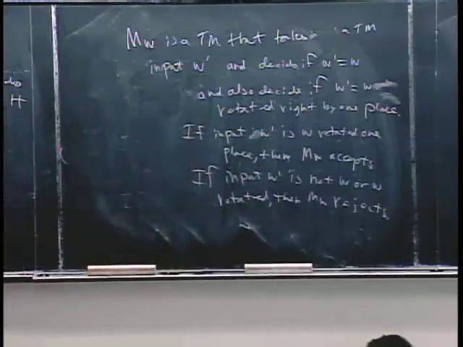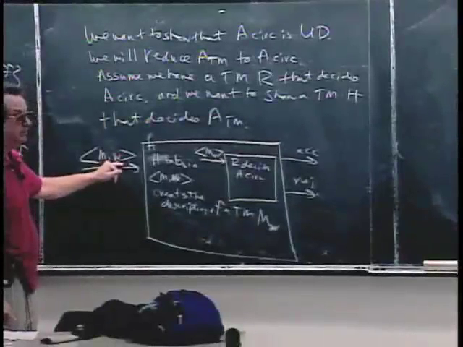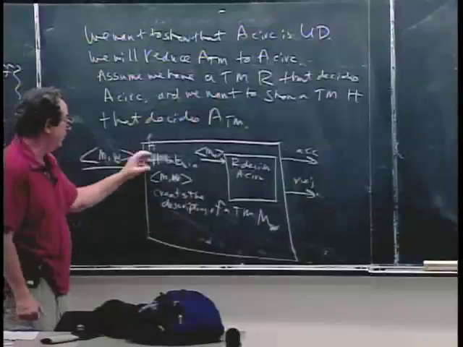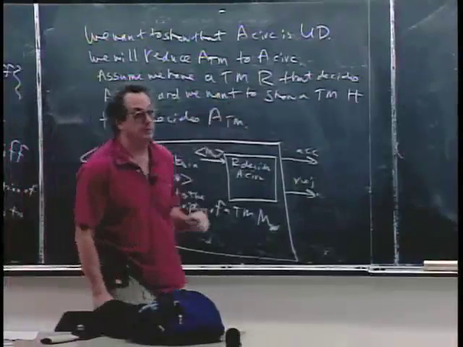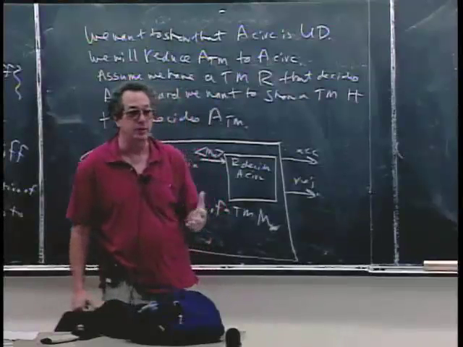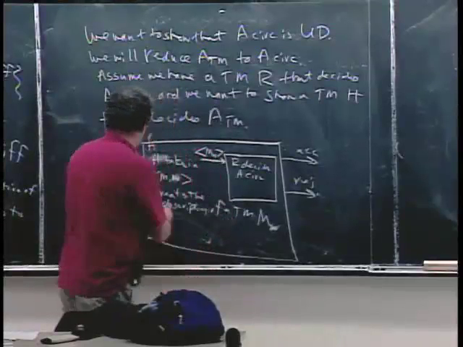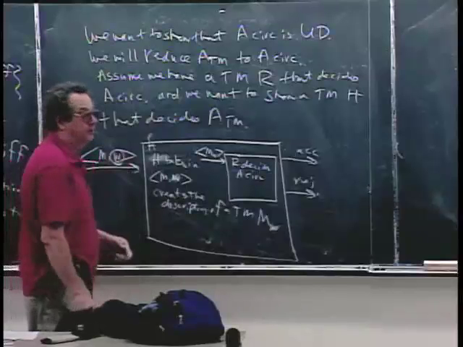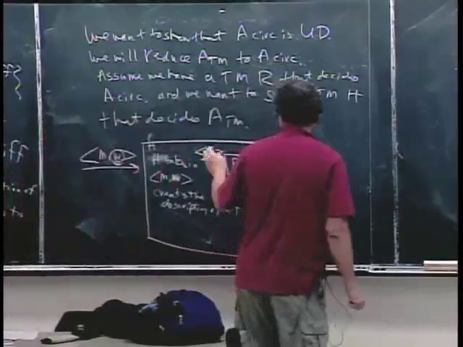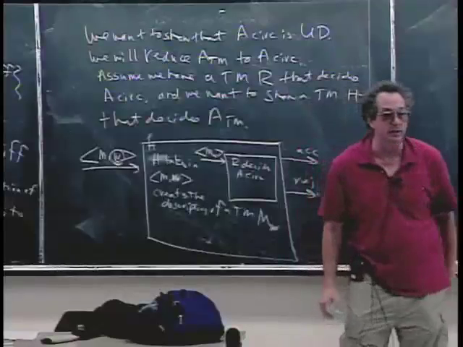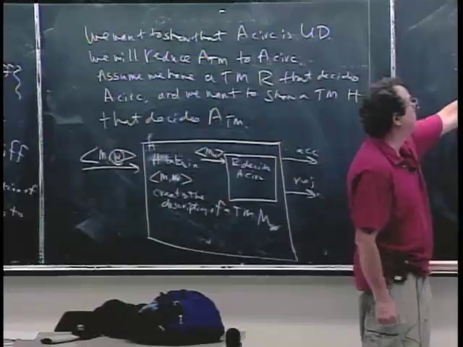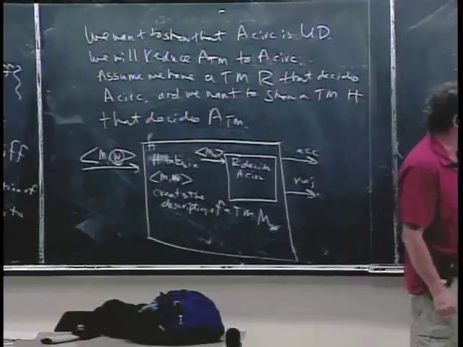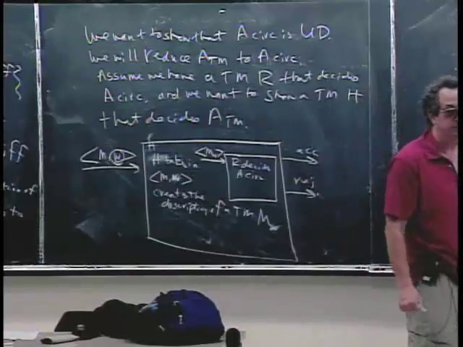In comes a description of a Turing machine M and a string W. And inside H has to be a Turing machine that can create a description of MW. Does that sound doable by a Turing machine? Yeah, it's got the W here. So it can certainly describe, even as I was saying, you can even describe a finite state machine that will look at W prime and take the following actions.